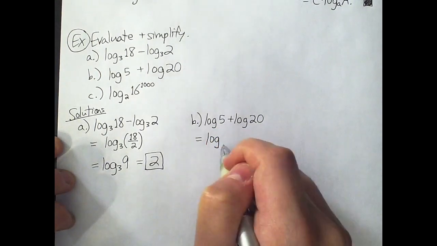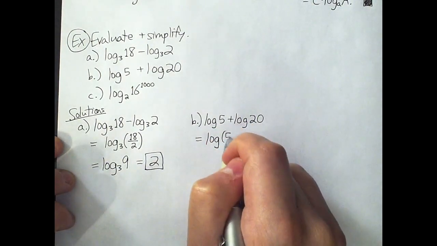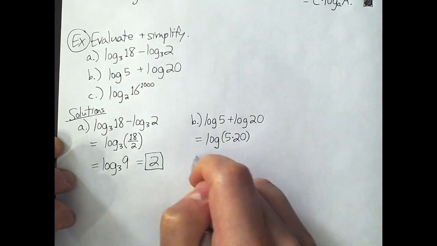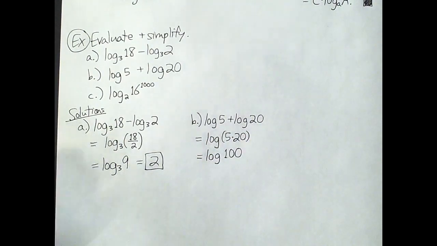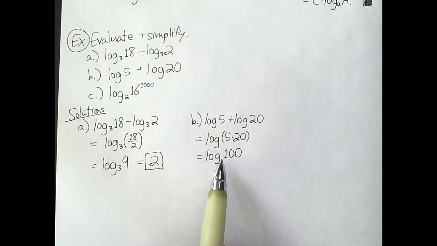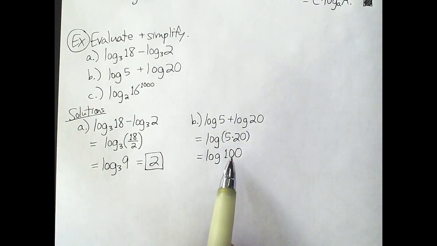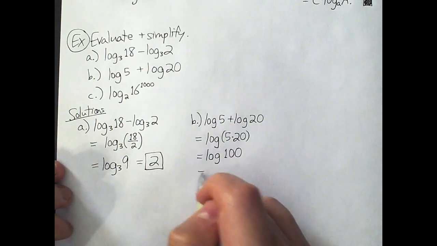This is going to be log of 5 times 20. In other words, this is log of 100. Because the base is 10, I think we saw this problem in one of the previous videos, maybe last time. The base is 10, so this is like saying 10 to what power equals 100, and that answer is going to be 2.